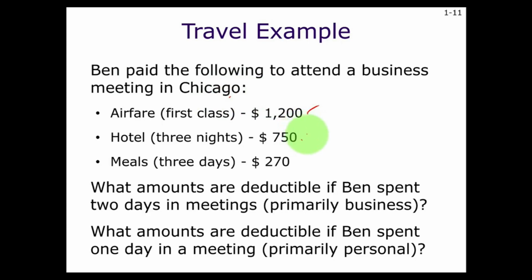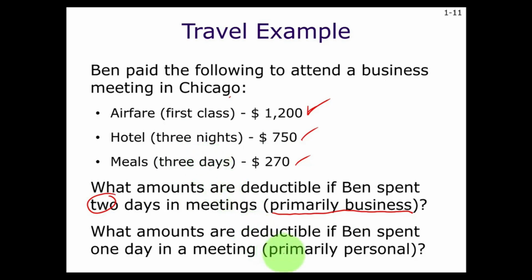He spends 3 nights there, $250 per night, $90 per day for meals. And if the primary purpose of going to Chicago is business, he gets to deduct all of this airfare. He gets to deduct 2 of the 3 nights' hotel, 2 of the 3 days' meals, and take half of that. Remember, 50% is what's deductible for business meals.